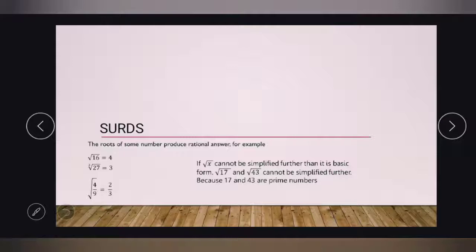If the square root of x cannot be simplified further, then it is in basic form.